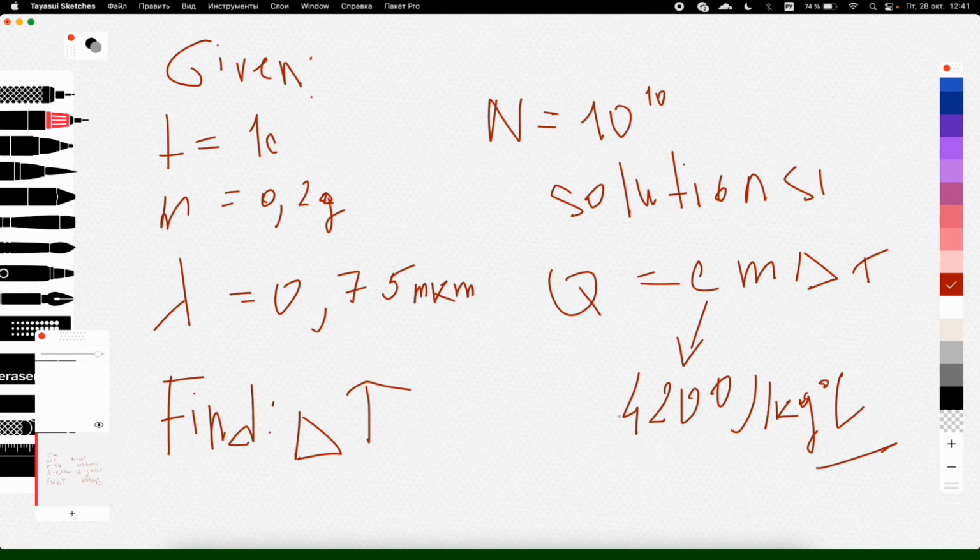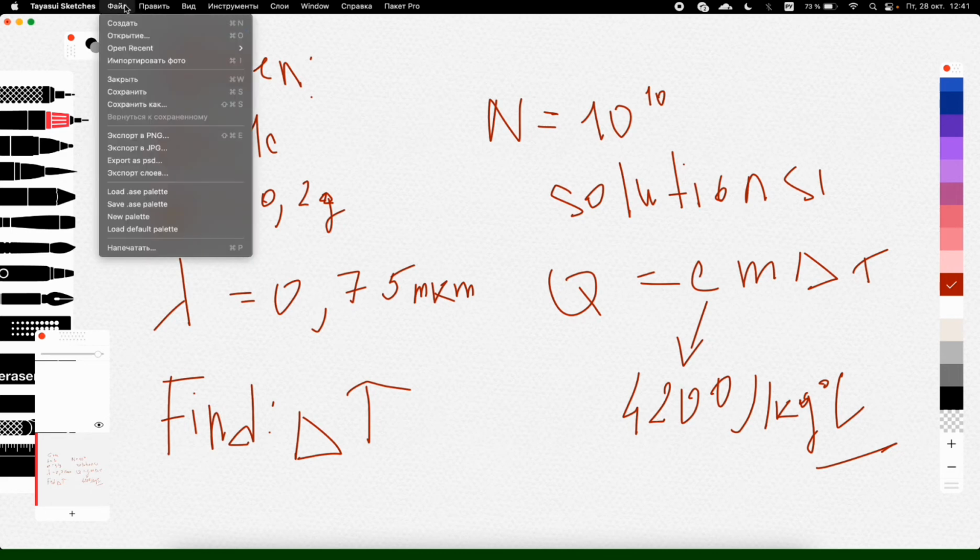Obviously the total energy of all photons E is equal to the product of the energy of one photon and the number of these photons n.